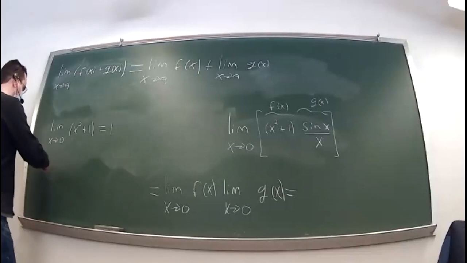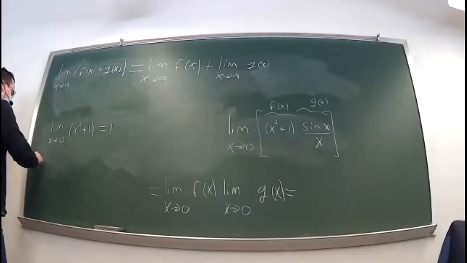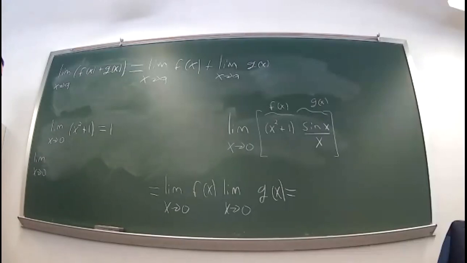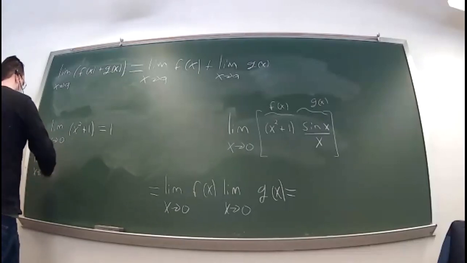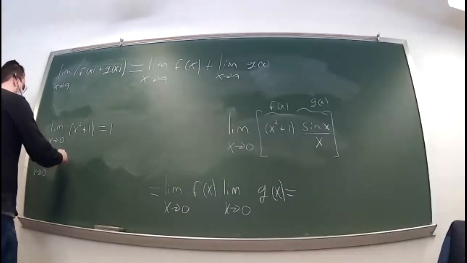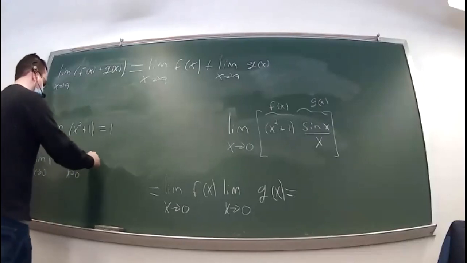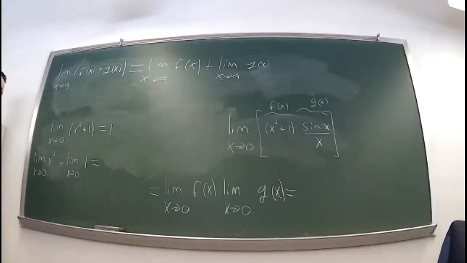And so how you might use that here is you might just say the limit as x goes to 0 of x squared plus 1 is going to be the limit as x goes to 0 of x squared plus the limit as x goes to 0 of the number 1. You could even break down x squared even further and say this is the limit of x times x.